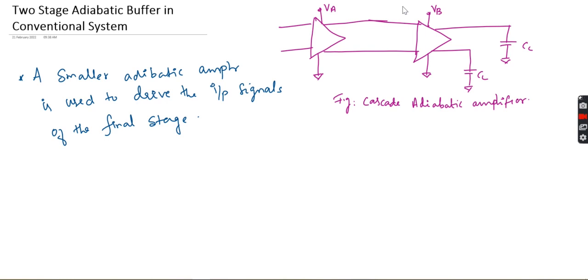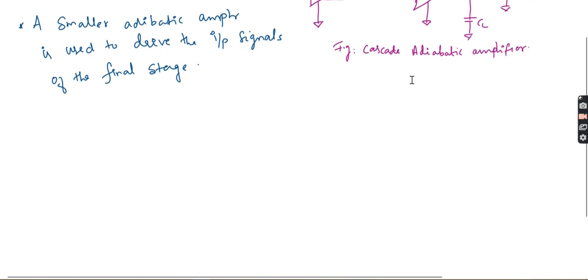Now let us consider here. Previously, for a single stage, we took Cn as the gate capacitance. Now let us consider the capacitances Cn1 and Cn2.